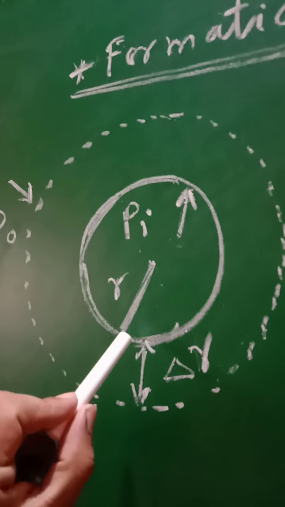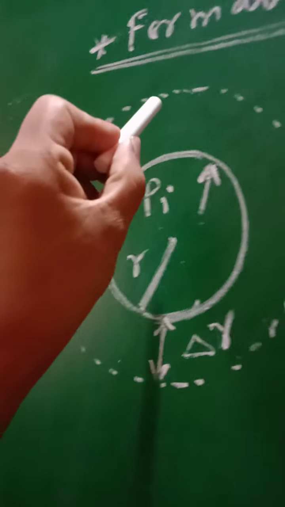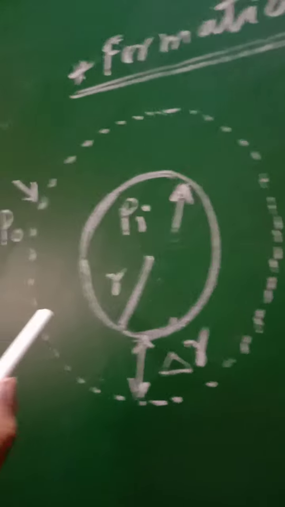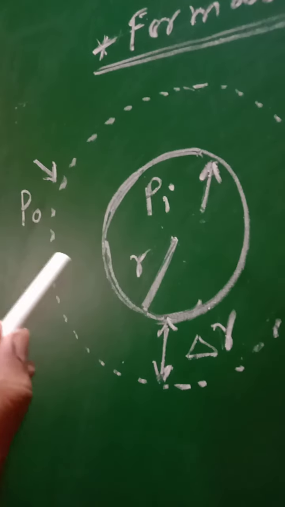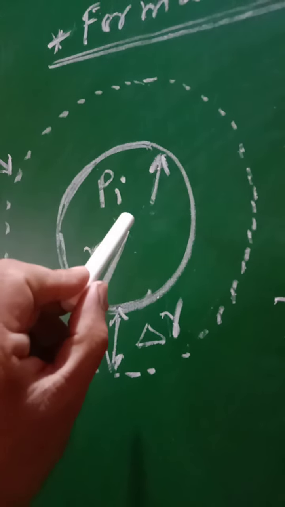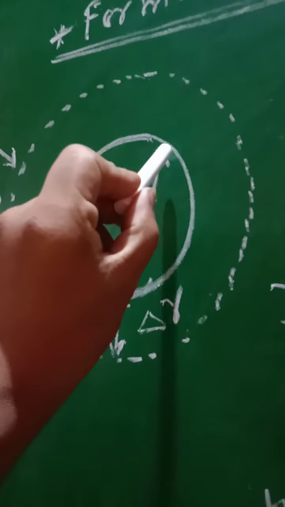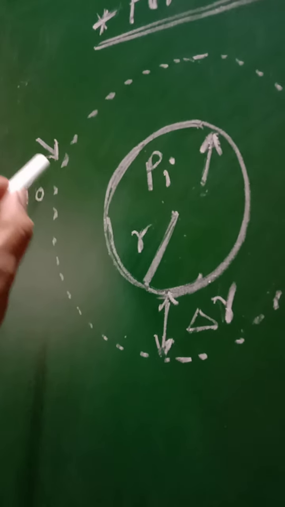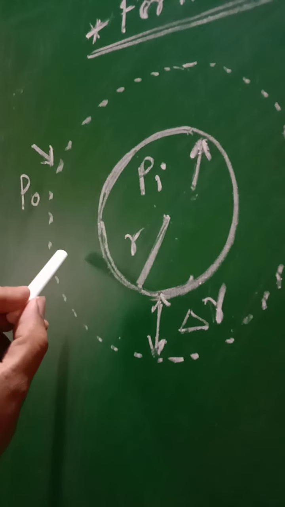Then when that drop is in equilibrium, this outer sphere will be constant. After formation of this drop, the outside pressure is Po. So Pi, the inside pressure, is acting on the concave surface of this drop, and Po, the outside pressure, is acting on the convex surface.